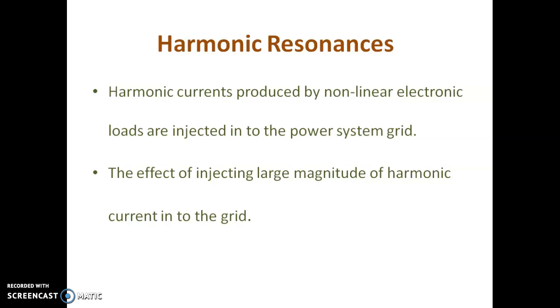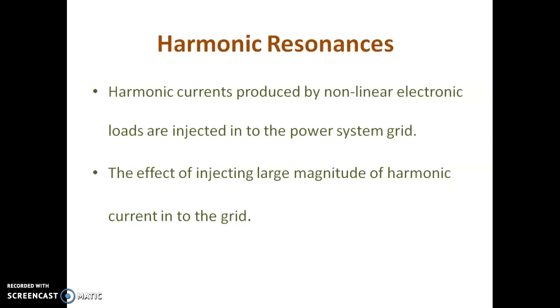The effect of injecting large magnitudes of harmonic currents into the grid depends upon the response of the power grid to the various injected harmonic frequencies. Depending on the response of the grid, the injected current could simply flow in the grid harmlessly or create electrical power system resonance, resulting in damaging over voltage or over current conditions.